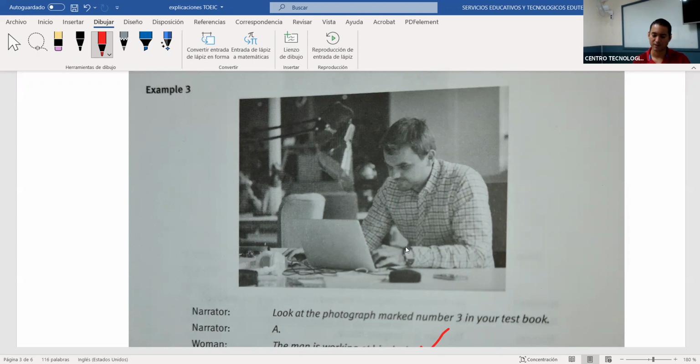Well, how do you know that he's working at his desk? You don't know. Maybe he is watching Netflix. The best description out of the three of them is he's using his computer.